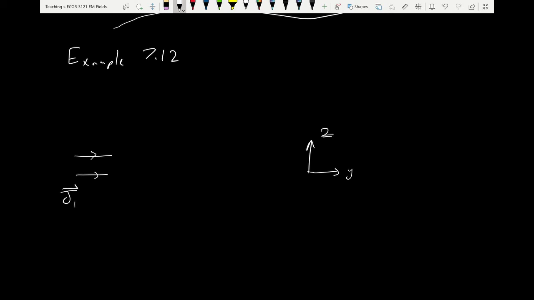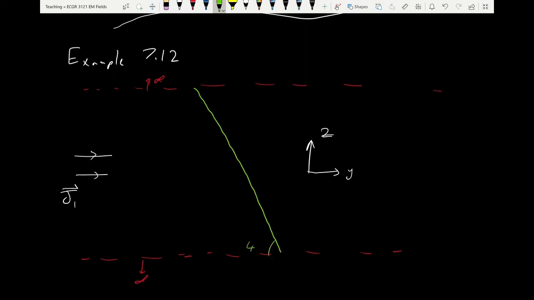Okay. And then there is this infinite conducting material. Right, so there is this infinite conductor material. Those lines are at infinity. But the material has an interface. So there is an interface that's slanted at 45 degrees.